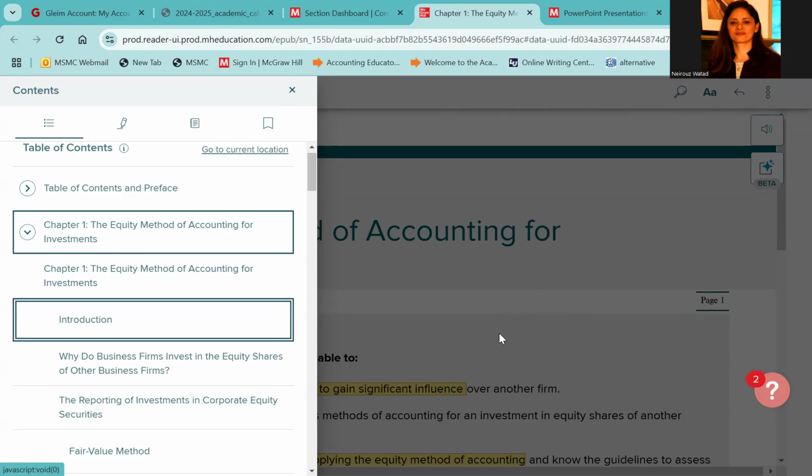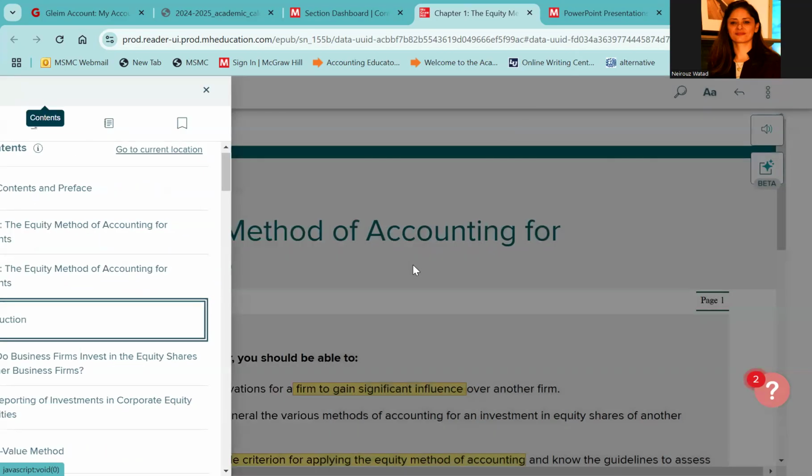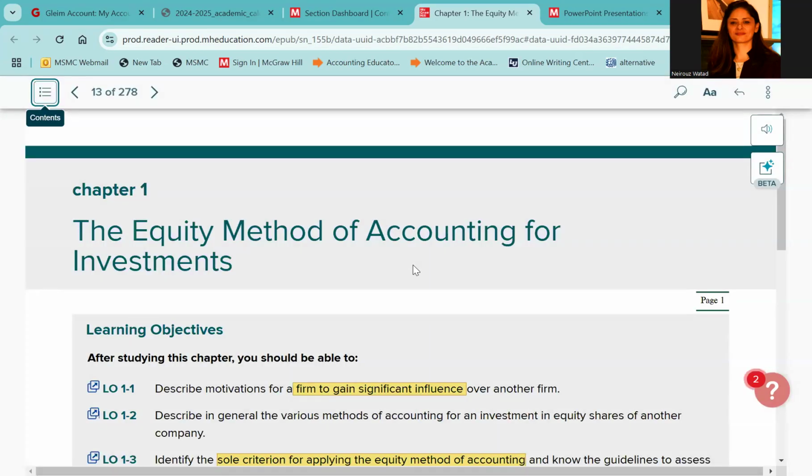The reason I am doing this recording today directly from the textbook is because I want to show you the effective way of studying. One is you need to open your ebook. And two is you need to have an Excel sheet open so you can practice.